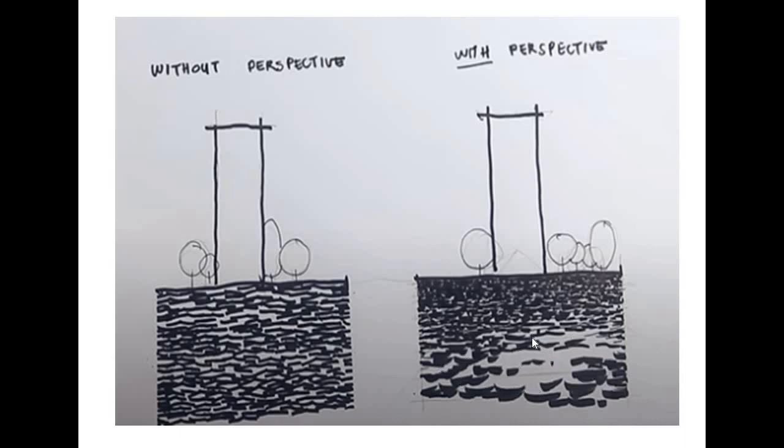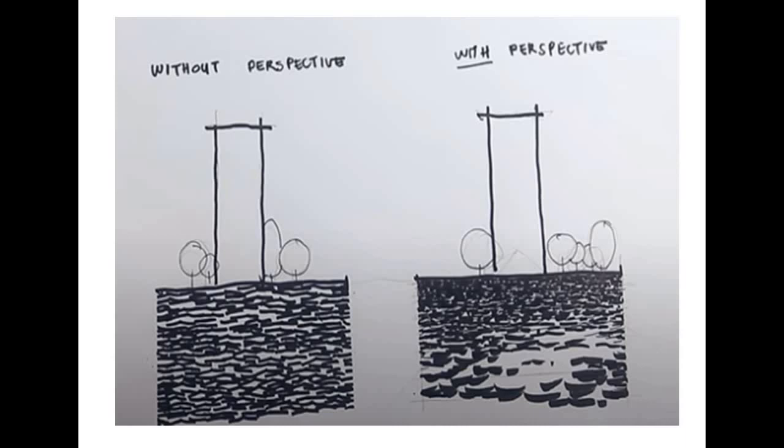So this is perspective view. And if you draw without perspective, you can draw evenly spaced as children do. They draw the waves in an even manner like this. So this is without perspective.